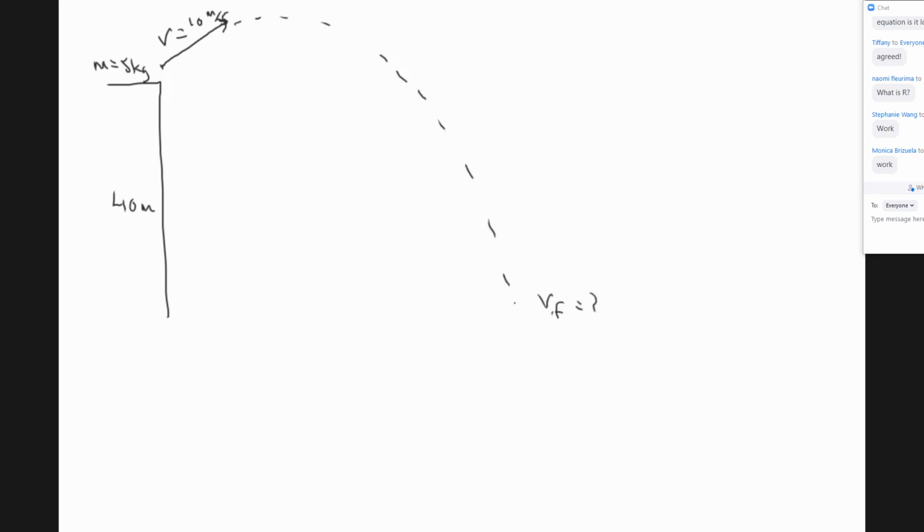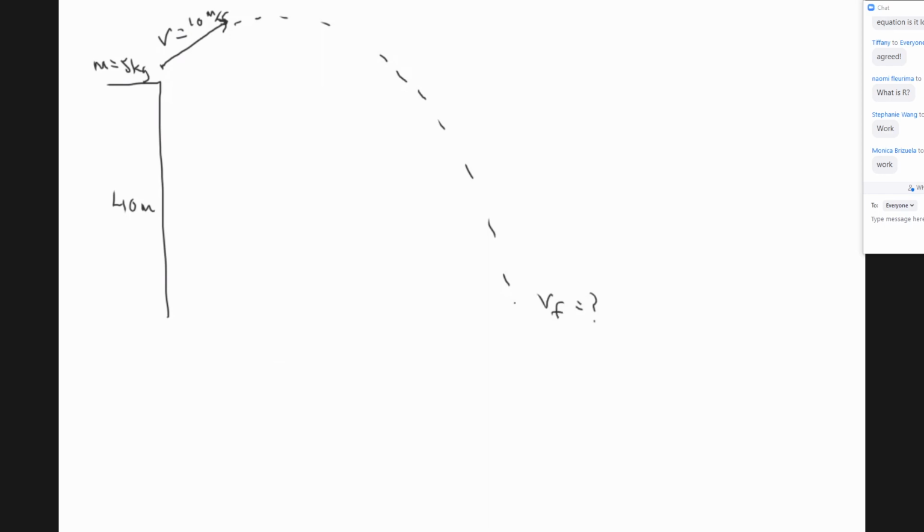You have an object at a height of 40 meters traveling at a velocity of 10 meters per second. And the mass of that object is 5 kilograms. Find the final velocity of that object just before it hits the ground.